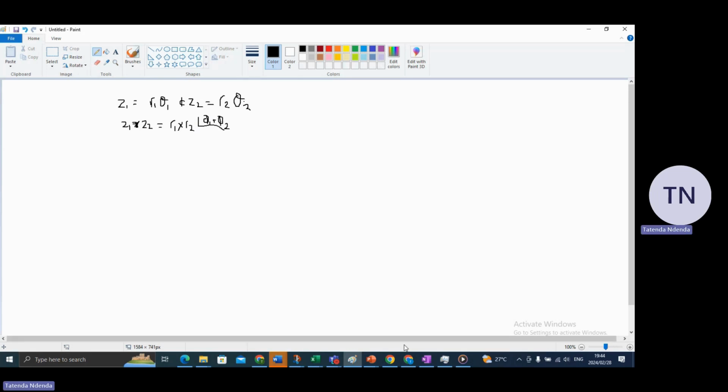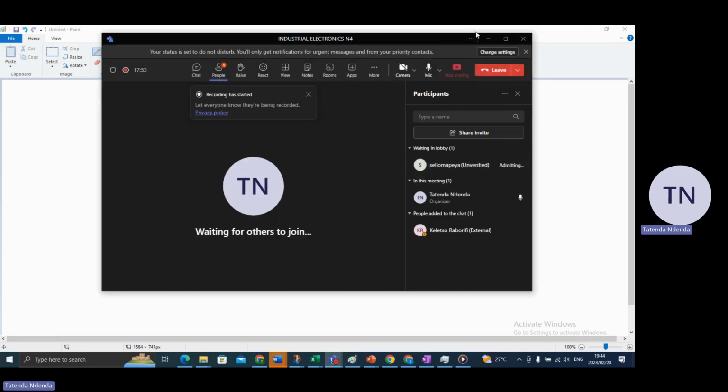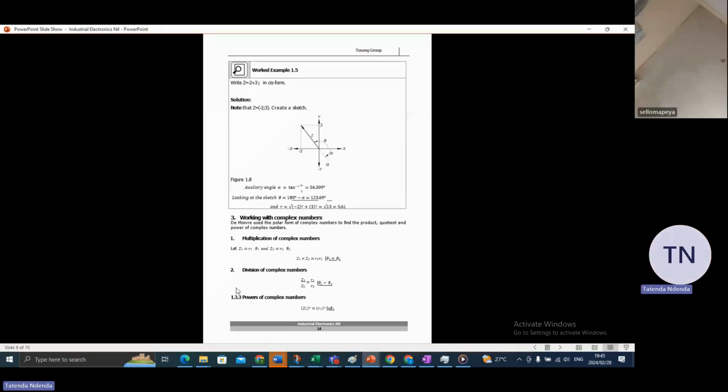These are basic formulas that we're going to be using whenever we are dealing with complex numbers. Whenever I have multiplication, we use this, and whenever I have division, it's subtraction. Then powers in complex numbers is going to be R1 to the power of n, then you have n theta 1. Whenever you're practicing, I would advise you all to go back and check page number 14 of the slides that I've created, where you are going to see all the formulas that we need.